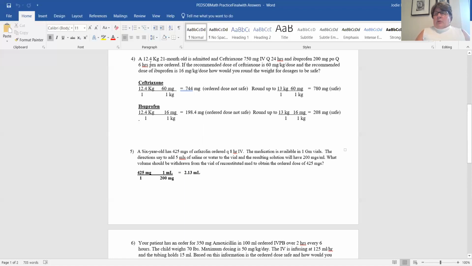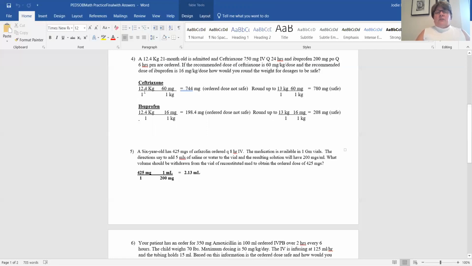Well, you know that you've got 12.4 kilograms. And if you do the equation for 12.4 kilograms times the 60 milligrams per kilogram dose, you're coming in just under the 750.